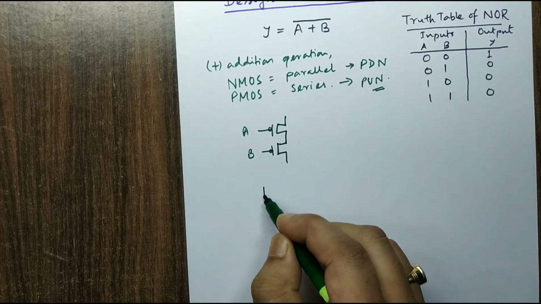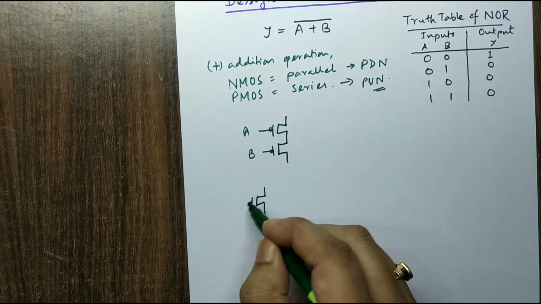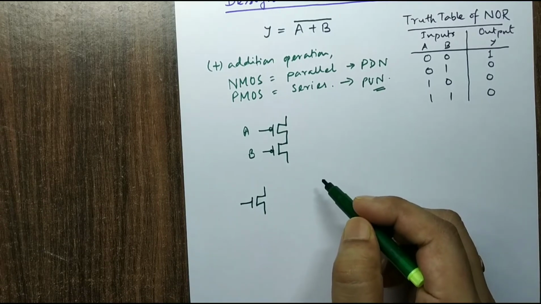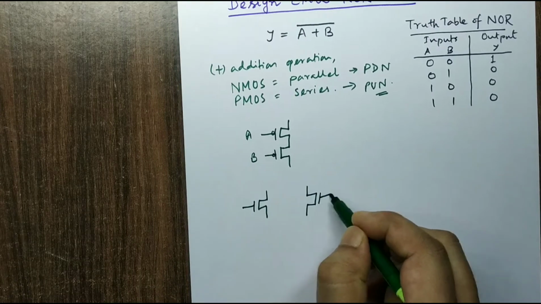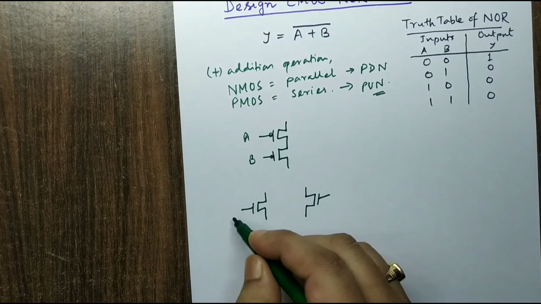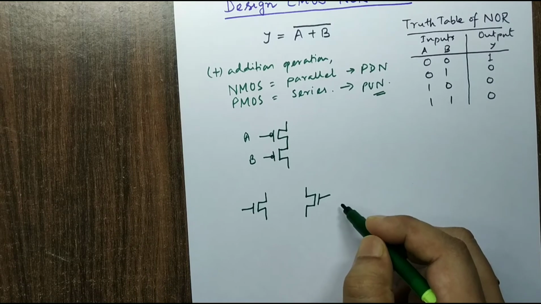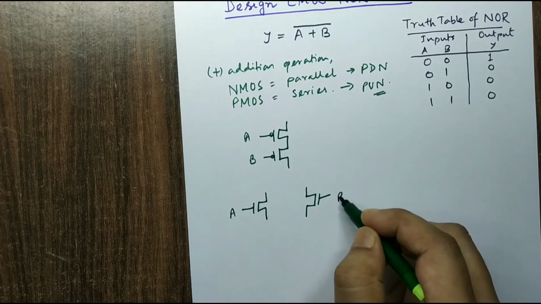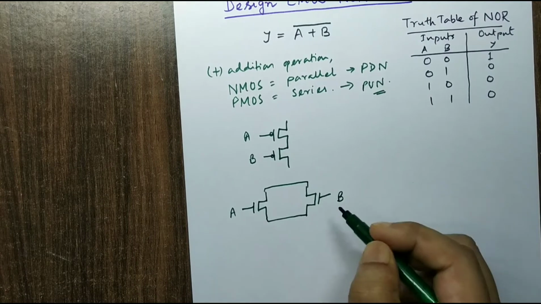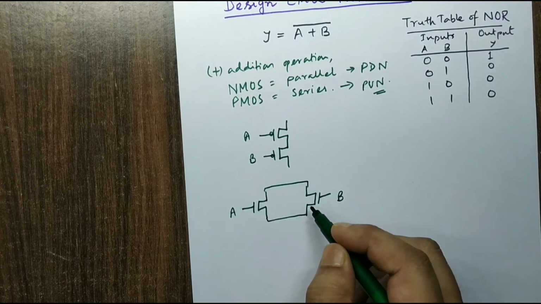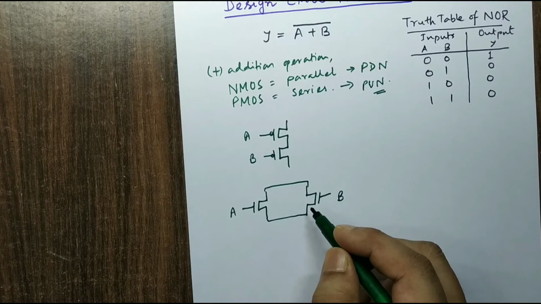Here will be one NMOS, and the other NMOS is to be connected in parallel, so let us draw another NMOS. I can write here B, here A, or vice versa. Now let us connect these two in parallel. Both NMOSes in the pull down network are now connected.